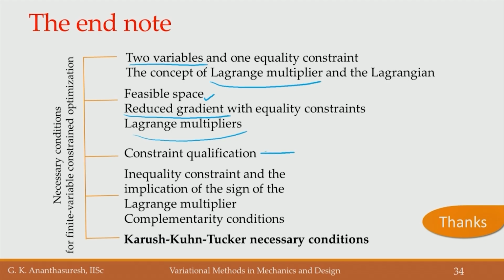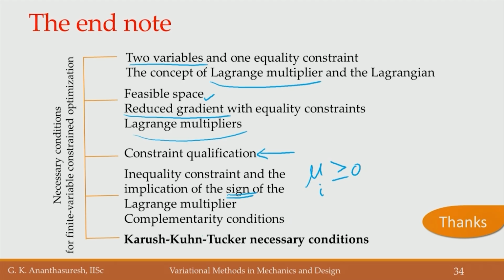We just talked about this constraint qualification concept, which simply means that the gradients of the equality constraints must be linearly independent. When you also add inequality constraints, it is the active inequalities, which are g equal to 0. Those gradients all should be linearly independent along with the rest of the equality constraint gradients. And the sign of the Lagrange multiplier for the inequality constraint, that mu should be greater than or equal to 0, mu_i, where i goes from 1 to p.